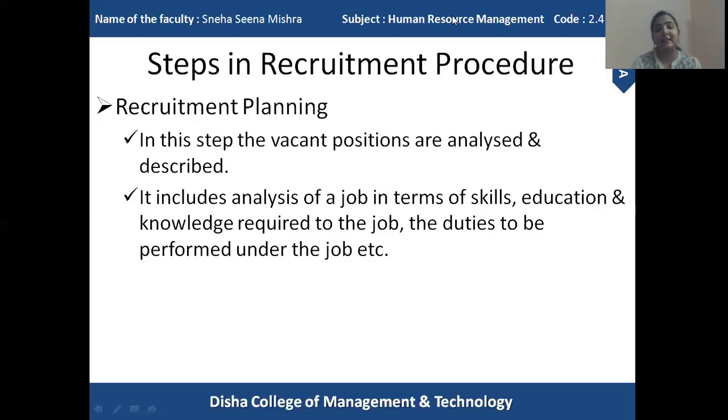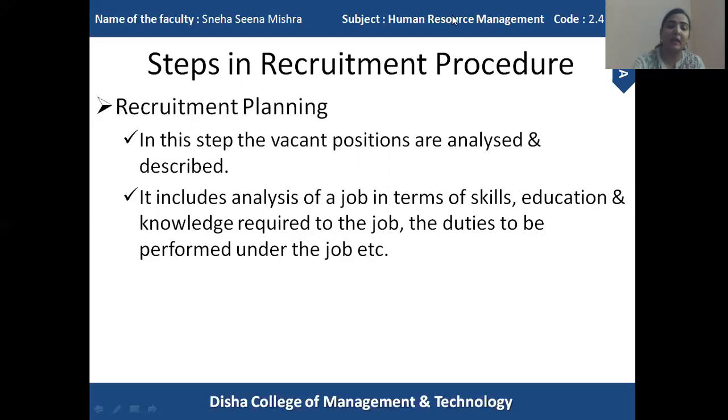So in the recruitment planning aspect, first of all we have to understand how many positions are vacant and what type of jobs are vacant. We need to analyze and describe them thoroughly in various sections.